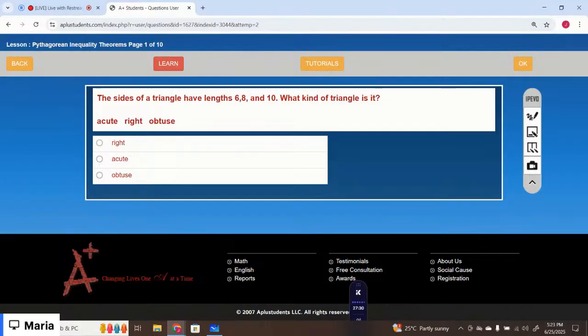The sides of a triangle have lengths 6, 8, and 10. What kind of triangle is it? So which is the correct option? So let's just see.